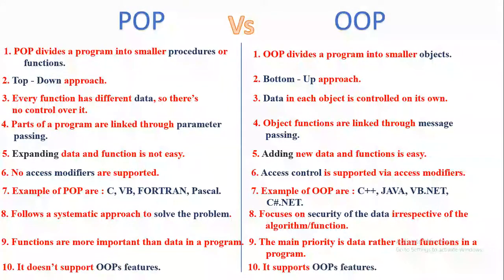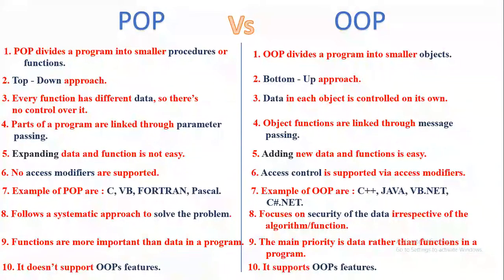Finally, we have some object oriented programming principles: object, class, data abstraction, data encapsulation, inheritance, polymorphism, dynamic binding, and message passing. Several object oriented programming principles are there.